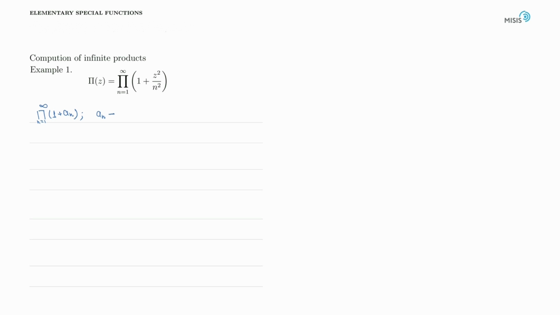So in the end, a_n should go to 0 when n goes to infinity. And this is the necessary condition for the infinite product to converge. Later on, we'll study the sufficient condition. Okay, so now let's address our infinite product which we have here.